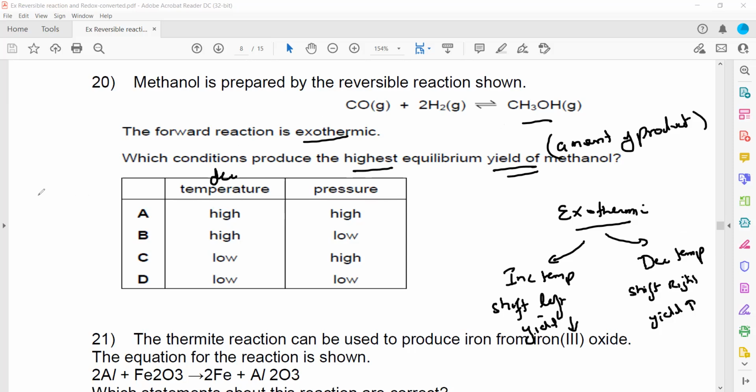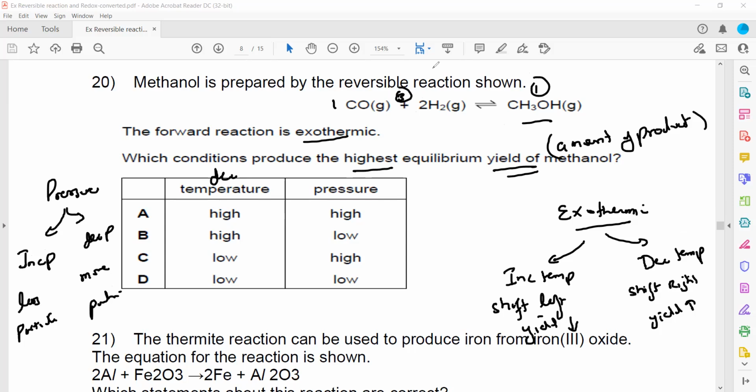And what about the pressure? What is the effect of pressure on the position of equilibrium? If we increase the pressure, equilibrium will shift towards the side where there are fewer particles, fewer moles. If we decrease the pressure, equilibrium will shift towards the side where there are more particles. In this case, there are 3 particles of reactant and only 1 particle of product.